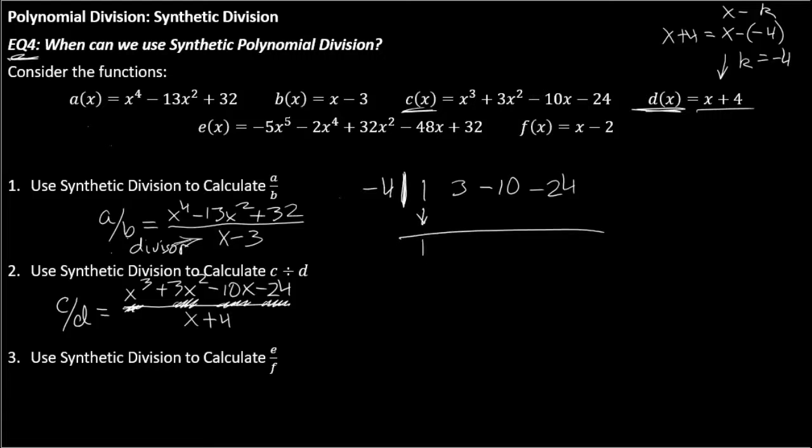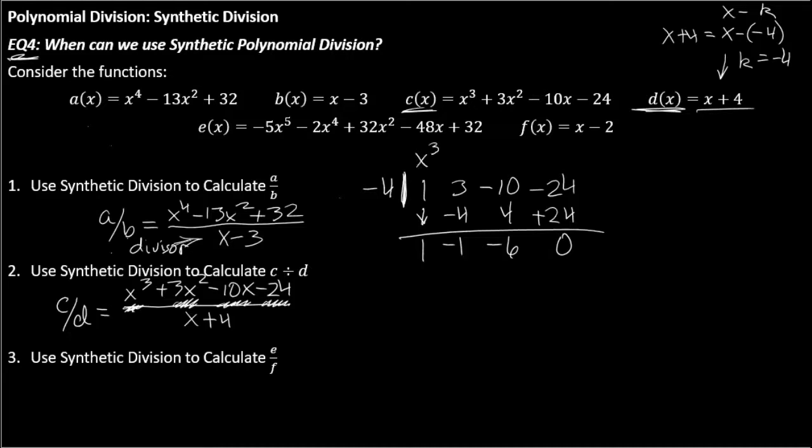Bring down my first guy, negative 4 times 1, negative 4. Combine down, negative 1, negative 4 times negative 1, positive 4. Combine down, negative 6, negative 4 times negative 6, positive 24. Combine down, we get 0. Yay, no remainder.